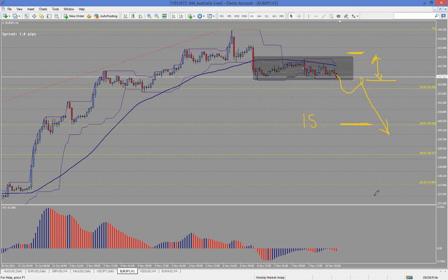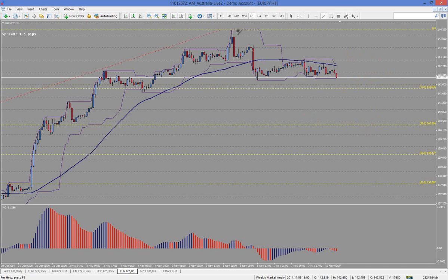Lois is saying there's a triangle. Okay, we're still marking out the same zone, I believe, Lois. It looks like the downward break may be on.